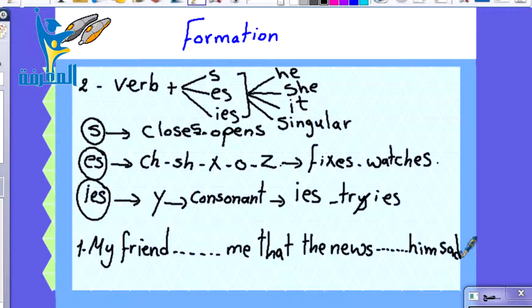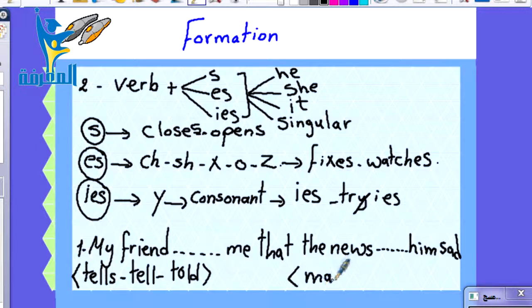We have two spaces here. For the first space, we have choices like tells, and told. For the second space, we have make, and made.